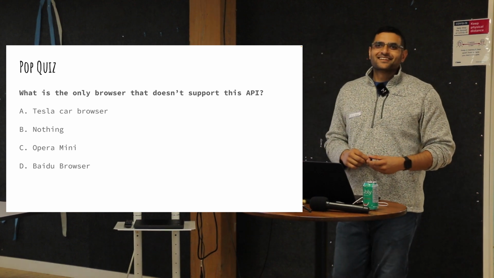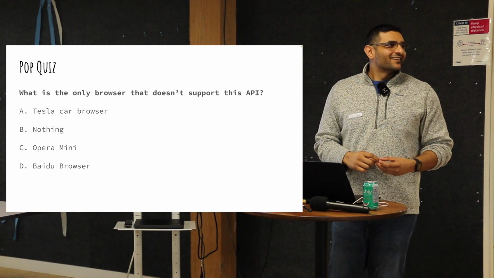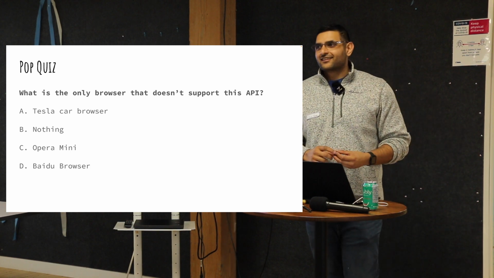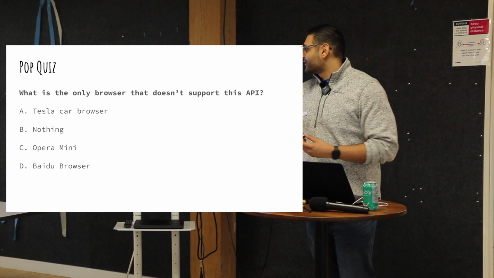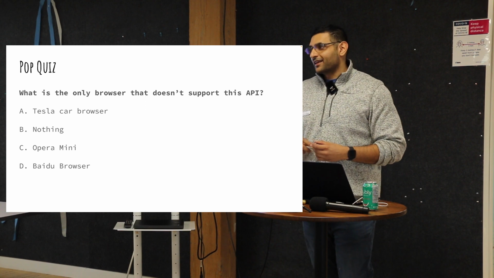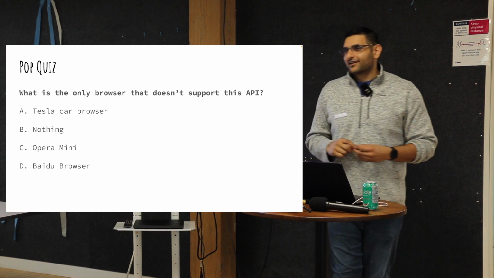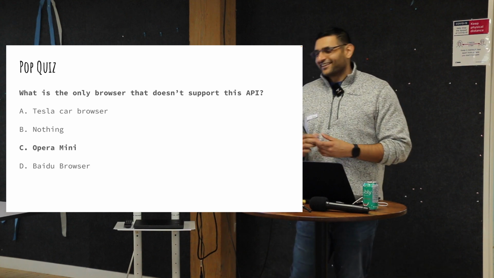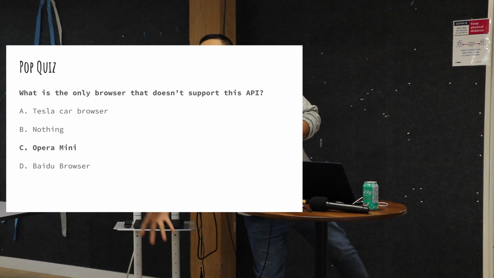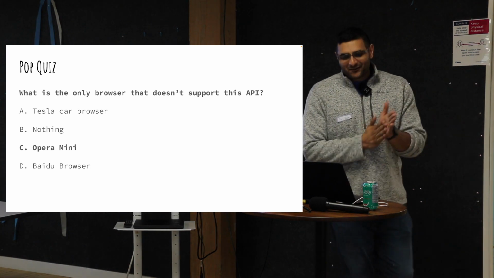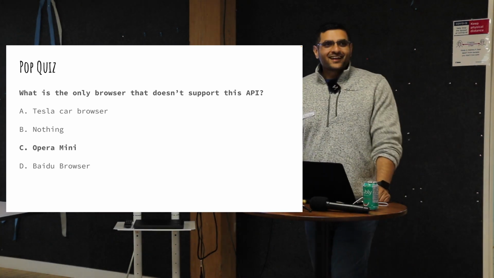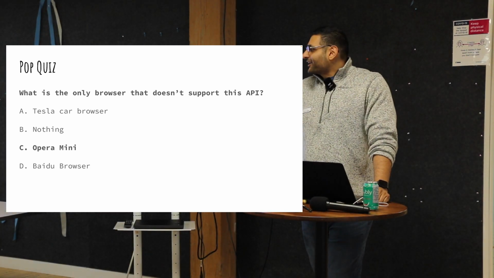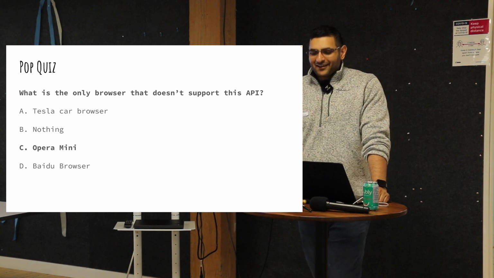This is a very hard one. You've got to raise your hand. One of them does not support this API. Yes, it is Opera Mini. There we go. All right, 4 for 4 so far. You can make it work in the Tesla car, but you can't make it work on Opera Mini.